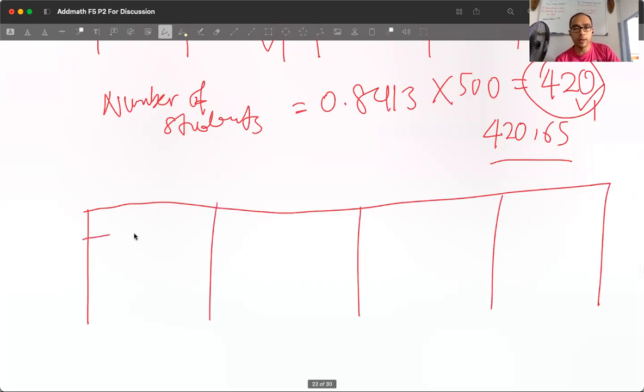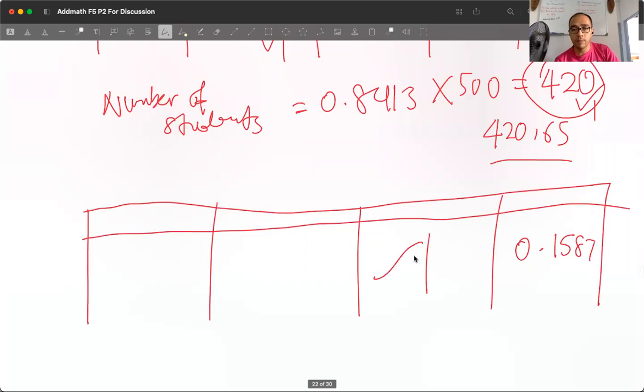Okay, we want more. So, going back to the table method again. We are given the probability is 0.1587, and we want less or more. Since we want more, and the probability is less than 0.5, therefore our Z score is positive 1.